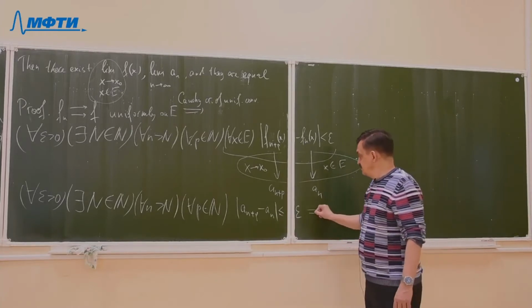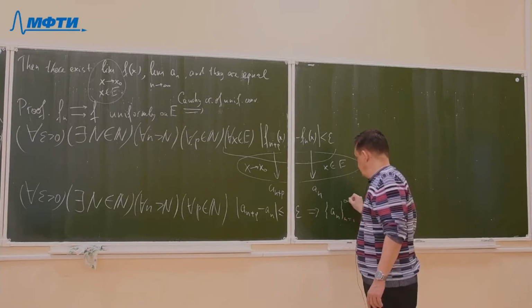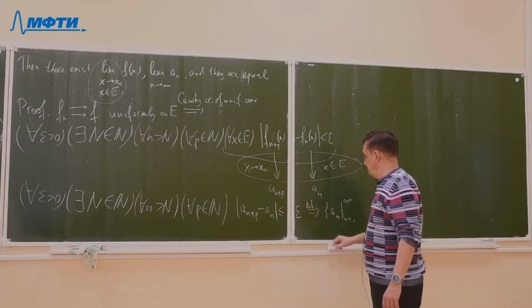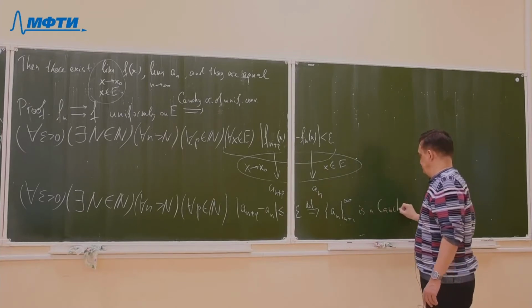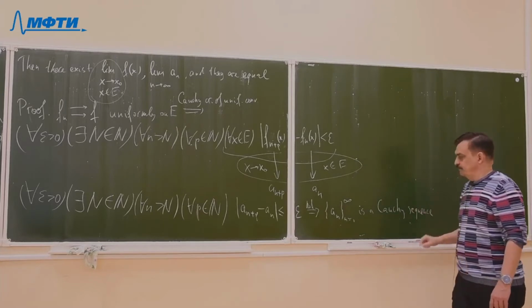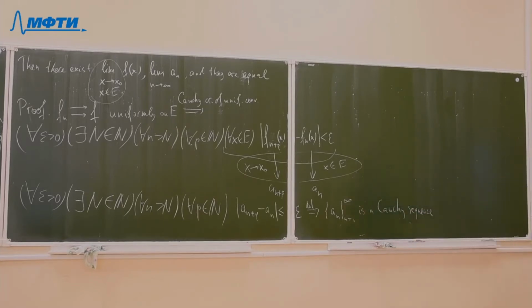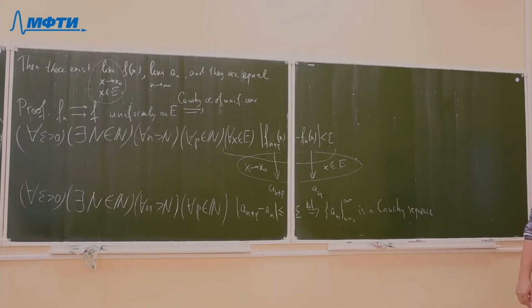It means that the sequence a_n, by definition, is a Cauchy sequence. And we know that every Cauchy sequence has a limit.